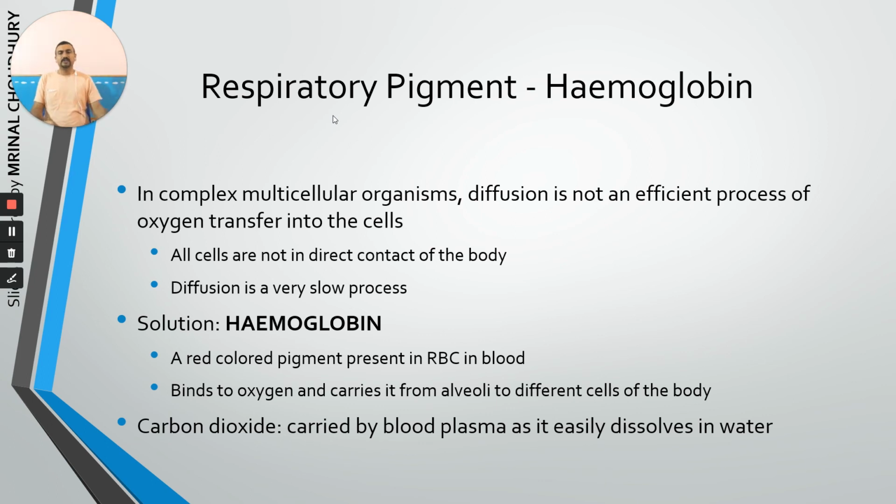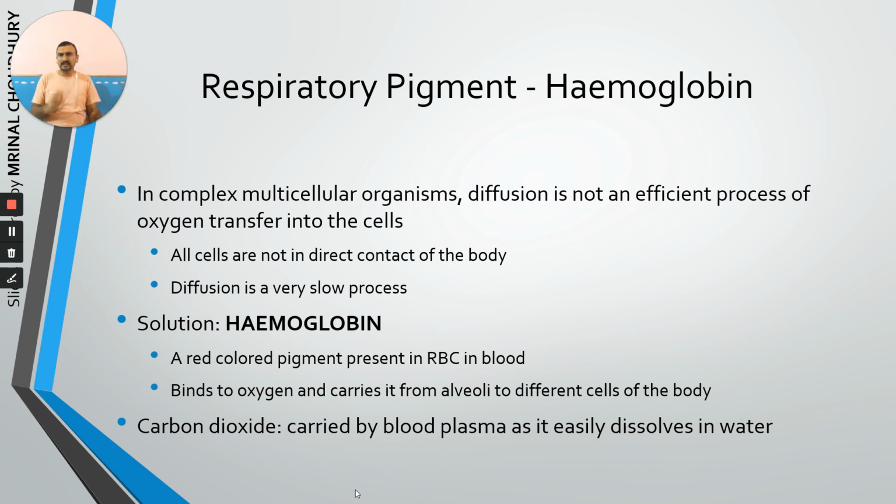This red colored protein called hemoglobin contains an iron pigment, which is called heme, that binds to the oxygen and carries the oxygen from the alveoli to the different body parts. And the carbon dioxide is dissolved in the plasma and carried by the blood itself.